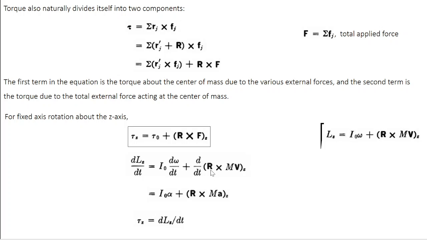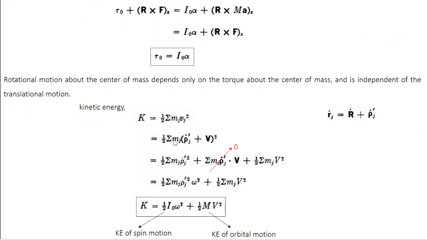And in the second term, R is a constant, m is a constant, dv by dt is the linear acceleration a. So the second term is going to be R cross m a. And we know that the rate of change of angular momentum dLz by dt is nothing but the torque tau z. So I can equate this expression with the expression for tau z: tau naught plus R cross Fz equal to I naught alpha plus R cross m az.